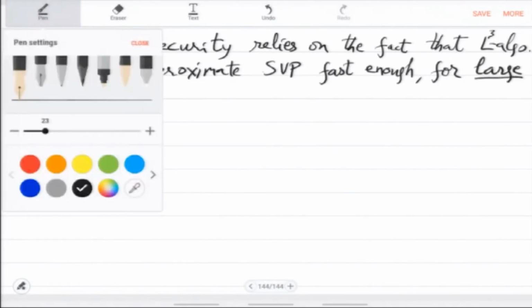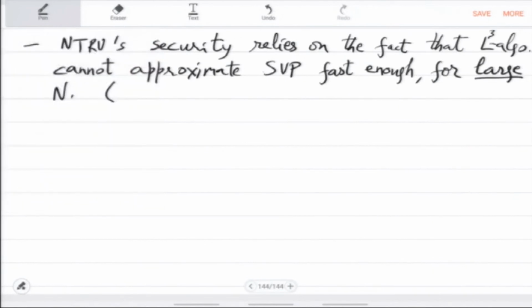Or maybe I should say for large 2n, and let's take n to be 251.